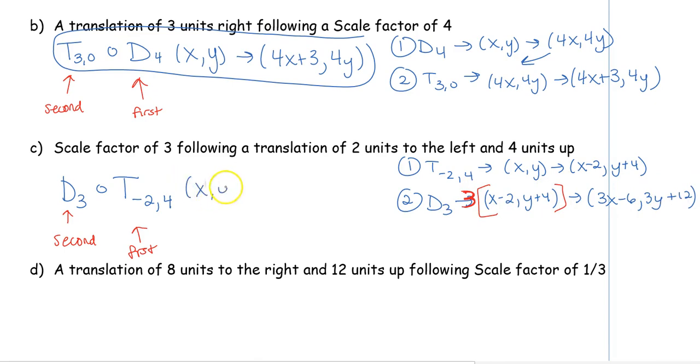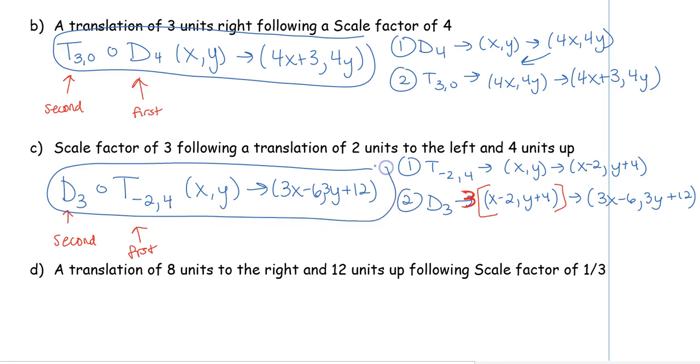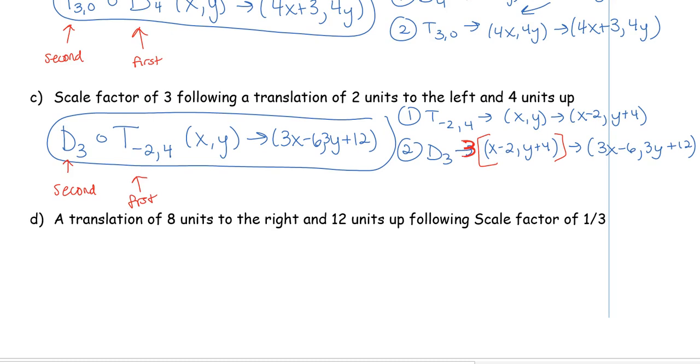So I started at xy. I ended up at 3x minus 6 and 3y plus 12. So notice your answer does matter the order in which you do your transformation. So make sure that you're doing the transformations in the correct order.